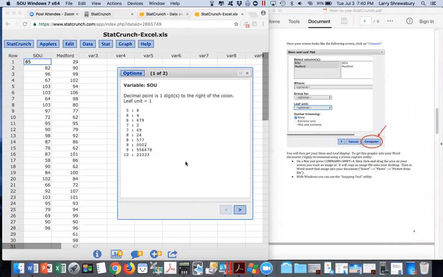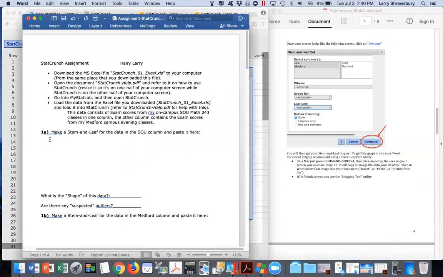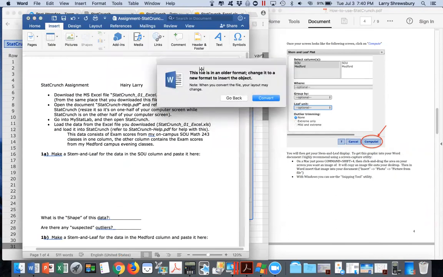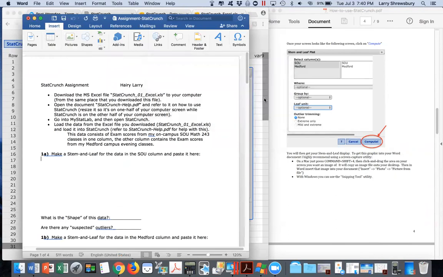But what I'm going to do on a Mac, as explained right here, I just do Command-Shift-4, and then I can click and drag whatever it is I want to copy that's on my screen, and then I can just go over to my Word document, and I'm going to insert that by doing Insert and Pictures from File, and when I do that, it saves them to the desktop.